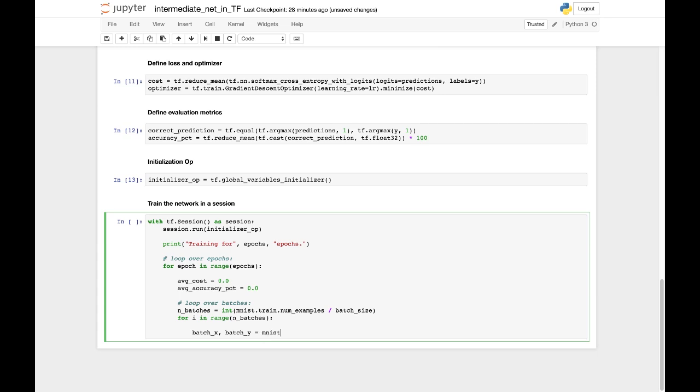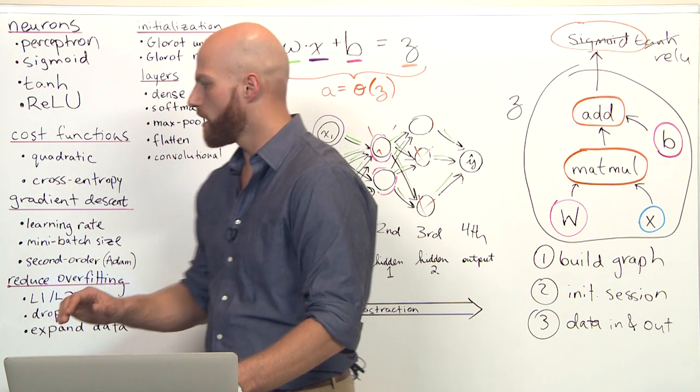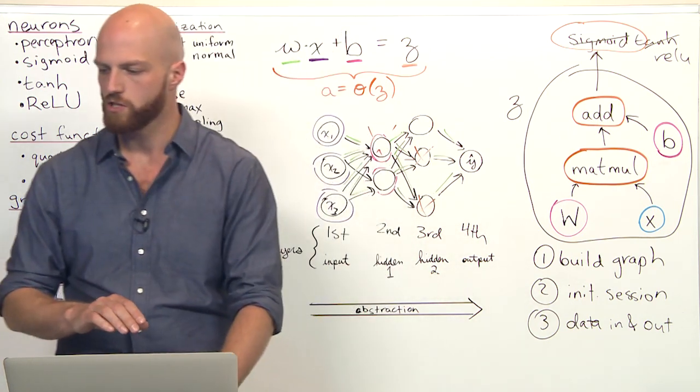There's a nice, helpful method here that we can call called next batch, and it just does the work for us on the MNIST data on the training set, so that's nice and easy. And then we need to feed these batch data to run a single step of stochastic gradient descent optimization on this single mini batch.